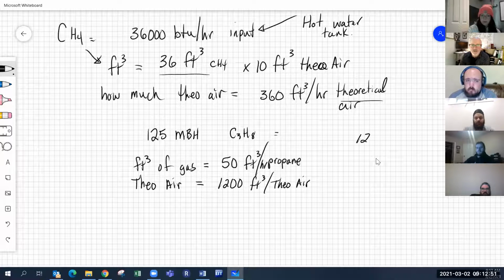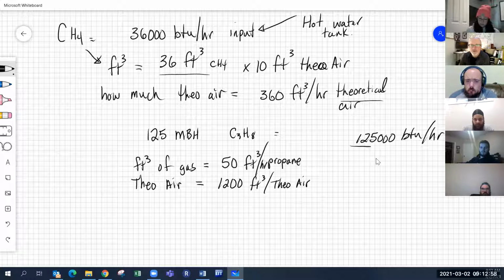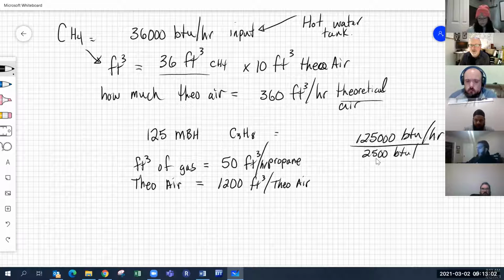So the math would look like this: 125,000 BTUs per hour, and I would divide it by 2,500 BTUs per cubic foot, and I would get that answer right there, 50.